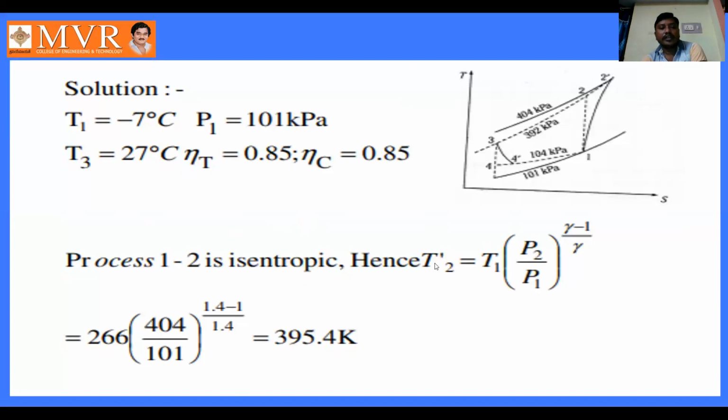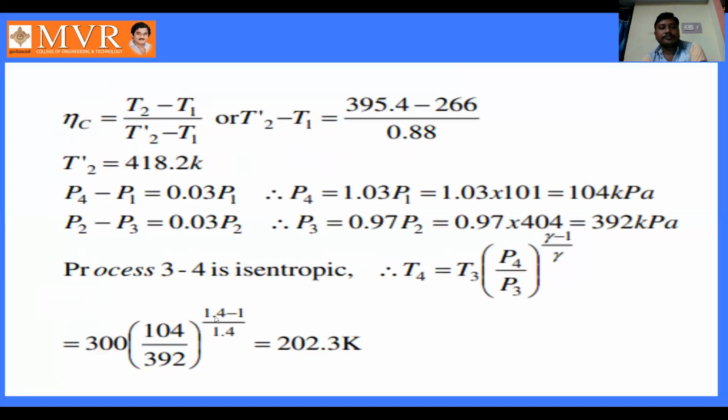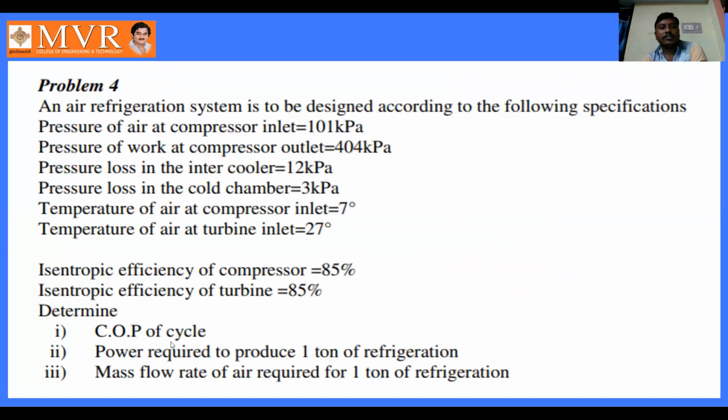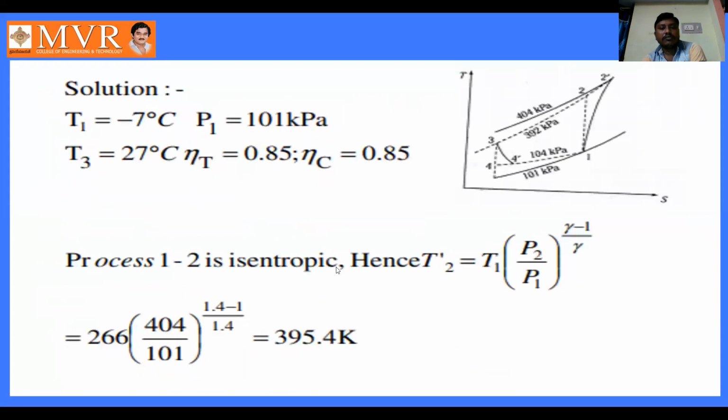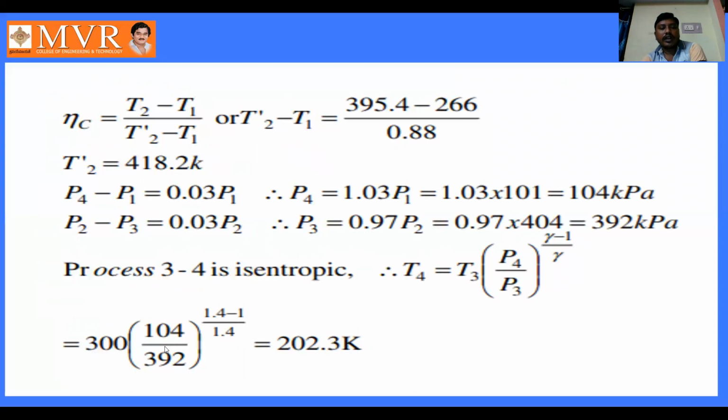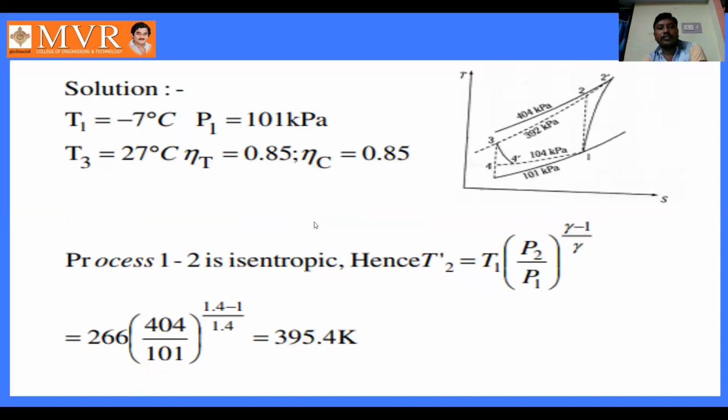They are converted here, and P4 is equal to 104. We can observe here 104, which means P4 is equal to P1, hence we are taking the P1 value at P4.